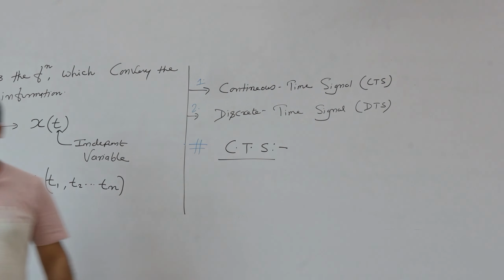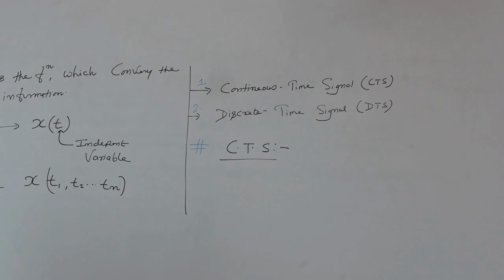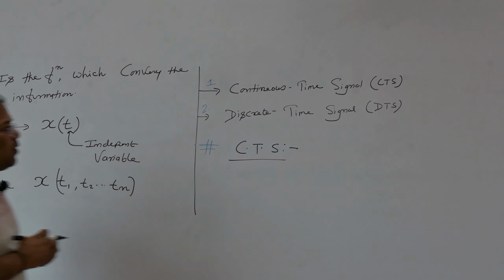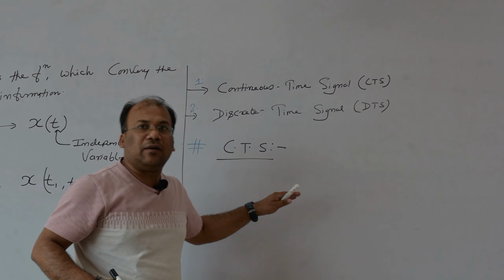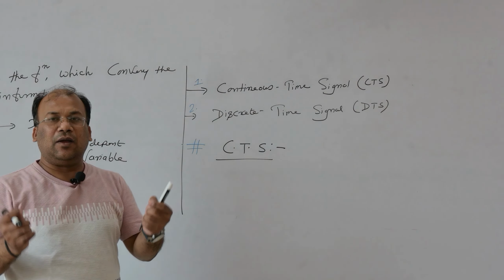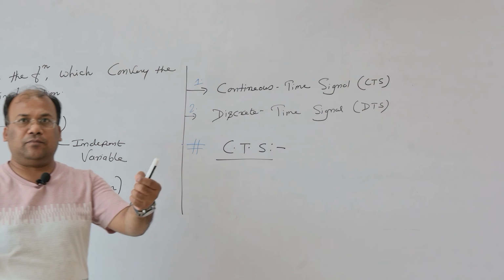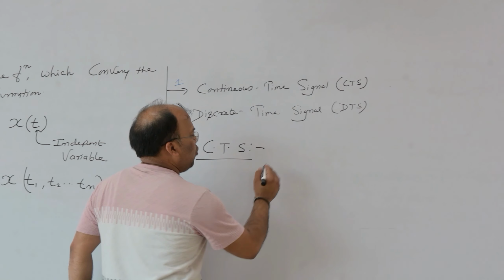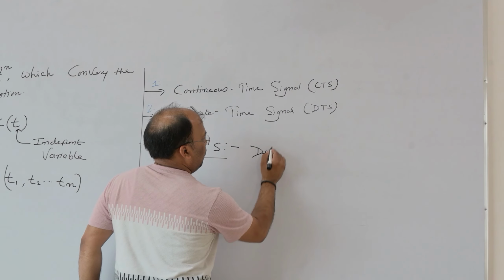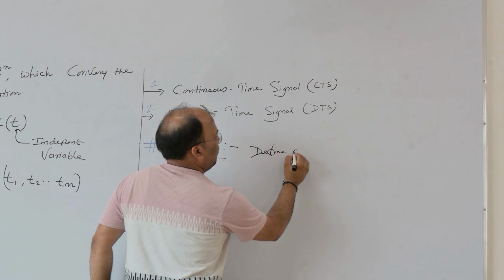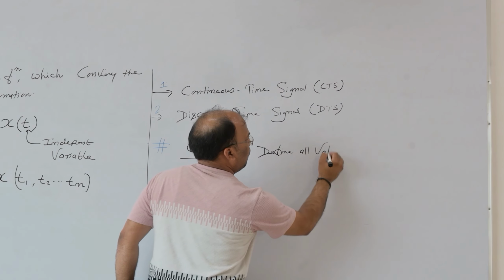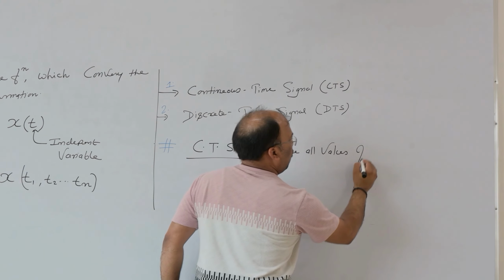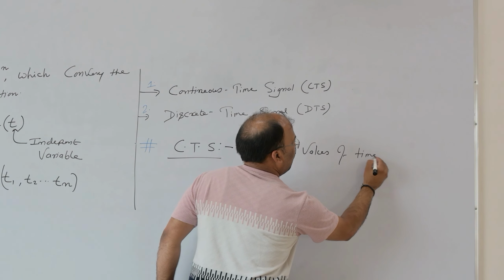A continuous time signal is a signal which is defined in all values of time.